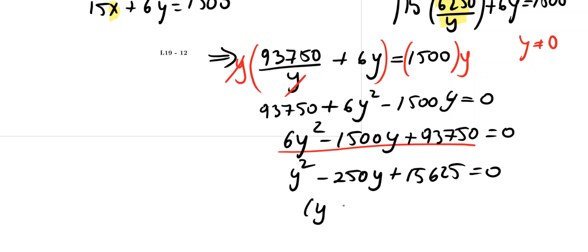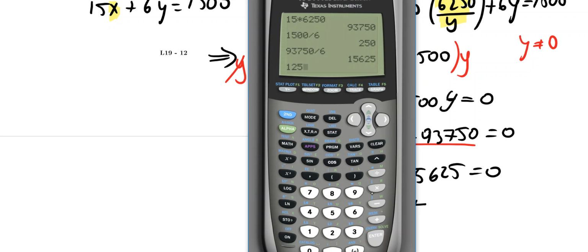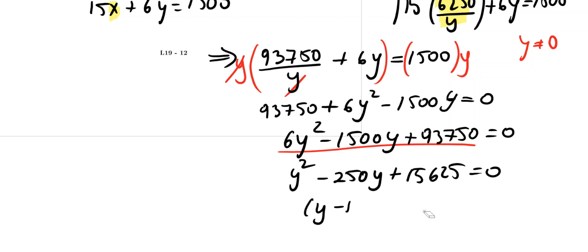And then we can factor this, y minus, y plus 250. What is 125 times 125? All right, great. So then this is a perfect square, y minus 125 squared. So y equals 125 feet.